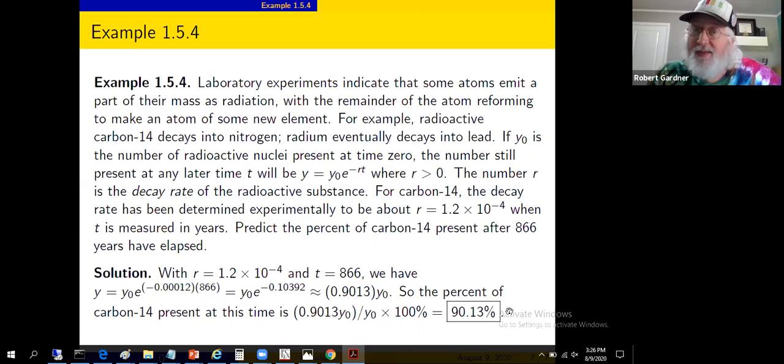When an organism is alive, it takes in carbon-14 and has the same level of carbon-14 that the environment has, call it y sub 0. And when it dies, it stops interacting with the environment and the level of carbon-14 starts to decay exponentially. So if I can pick up an object and see it's only got 90% of the carbon-14 that I know it started with, I can reverse engineer this problem and conclude, yeah, t must be 866. This object must be 866 years old.